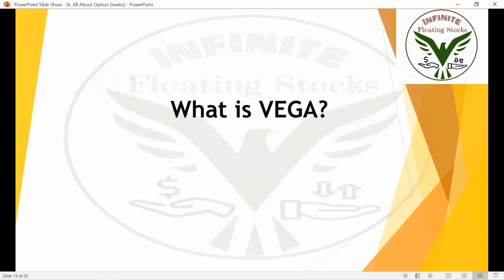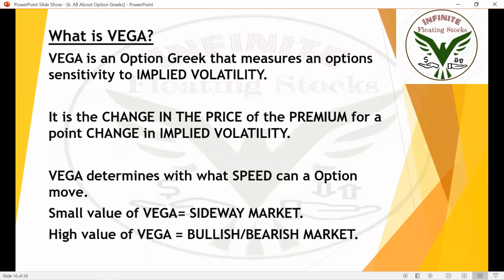So what is Vega? Simple. Vega is an option Greek that measures an option's sensitivity to implied volatility.